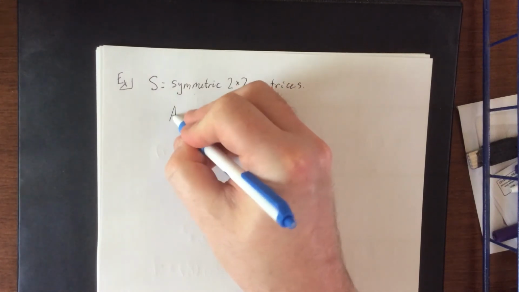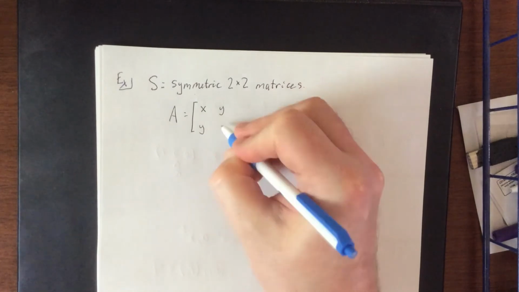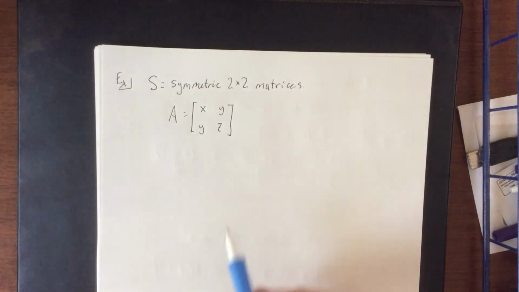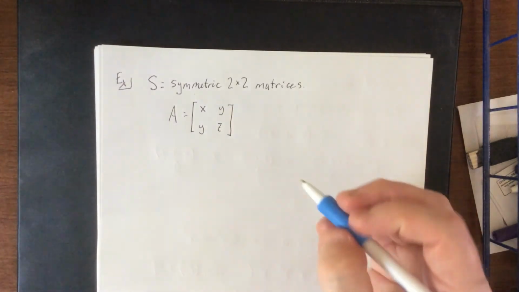A nice generic looking element for something like that might be something like x, y, y, z. Basically, for a symmetric 2 by 2 matrix, we need to make sure that the 1,2 and 2,1 entries are equal to one another.